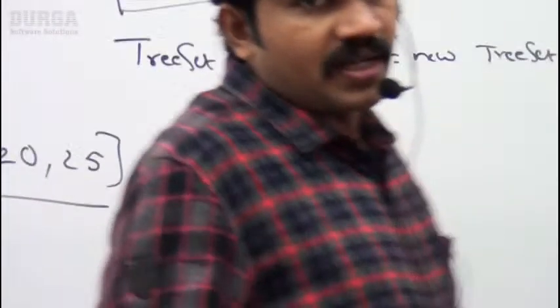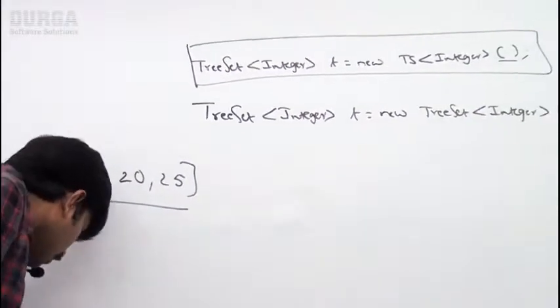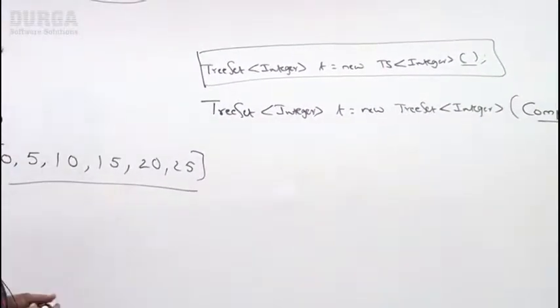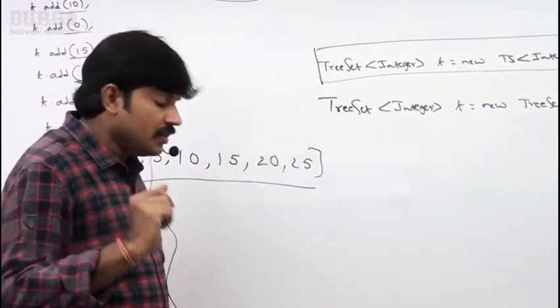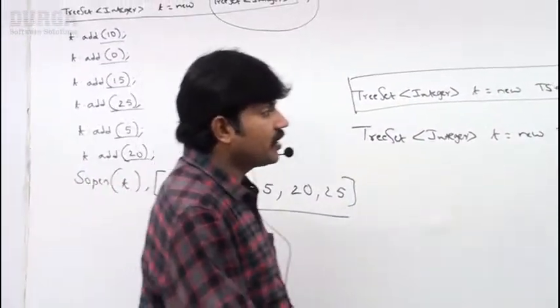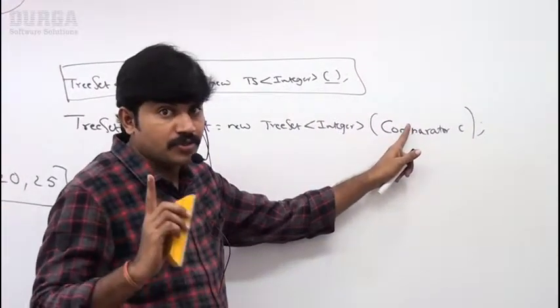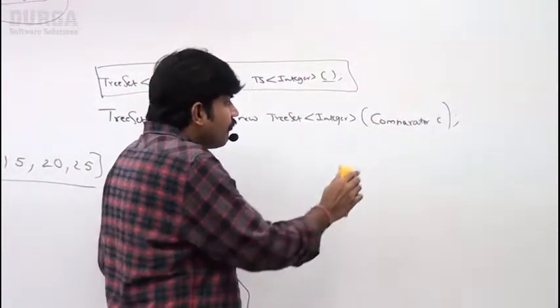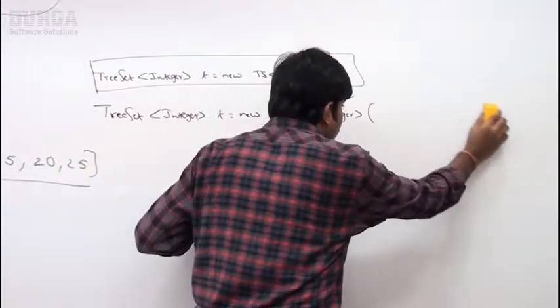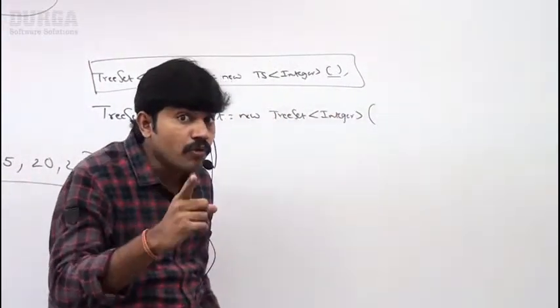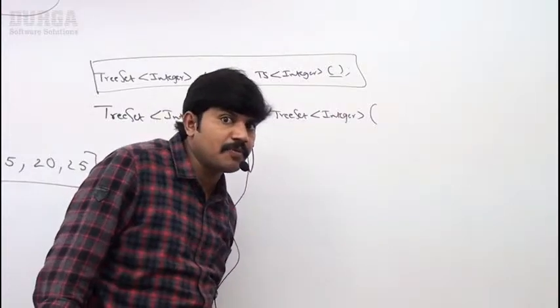But now my target is, I don't want default natural sorting order. I want customized sorting order. Then we need to pass a comparator object. Regarding that, you know, right? So wherever a comparator object is required, happily you can take a lambda expression. Have you remembered, right?